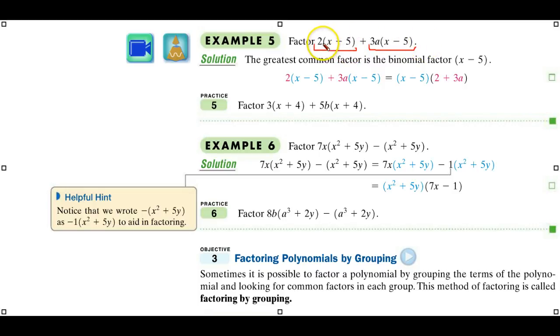And you might say, well, yes, what's in the parentheses? Both have this as a common factor. So, can we factor this? And the answer is yes. We take out the common factor, x minus 5, and in a sense we could put this in front. What's left? We have the 2 and we have the plus 3.